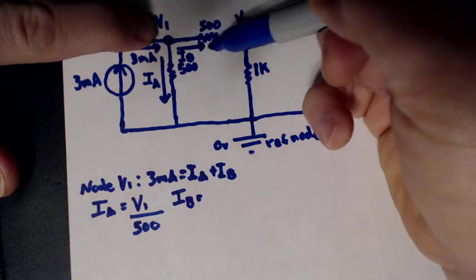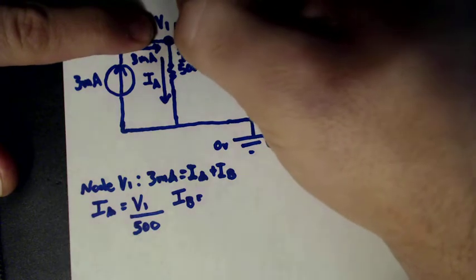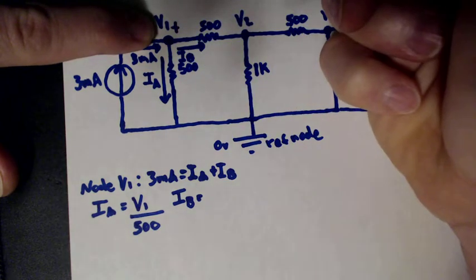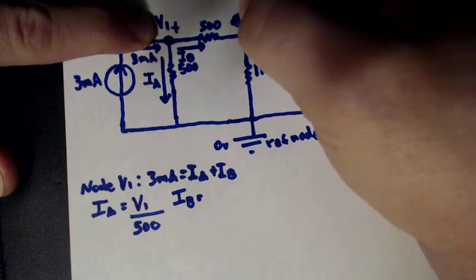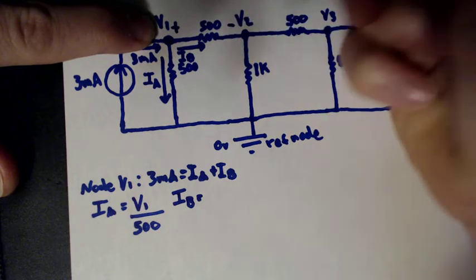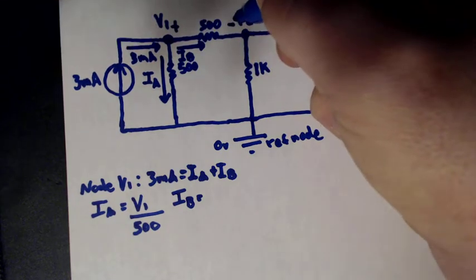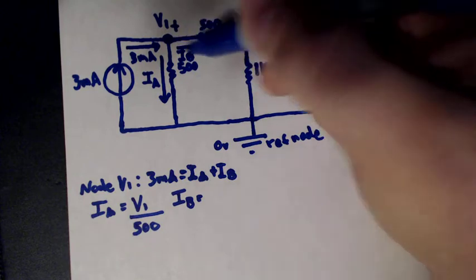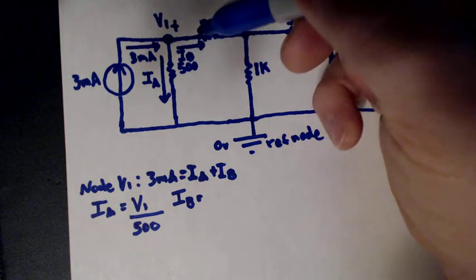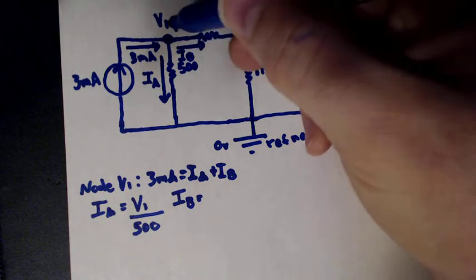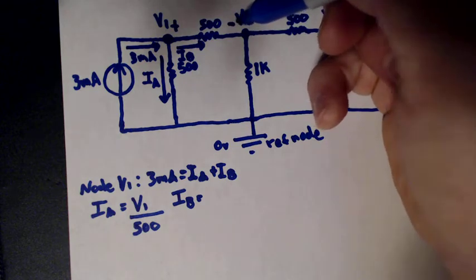Current always flows from a higher voltage, I'm denoting it with the positive sign, to a lower voltage, which I'm denoting with a minus sign. Okay, so regardless of how I picked this current, we're working off of the assumption that it goes from a higher voltage to a lower voltage.